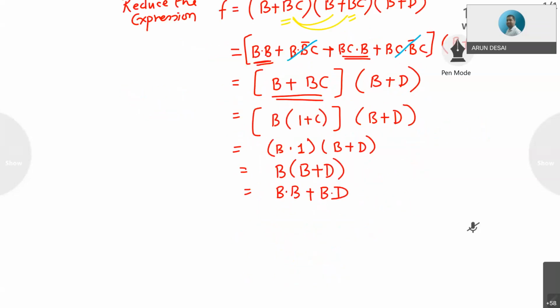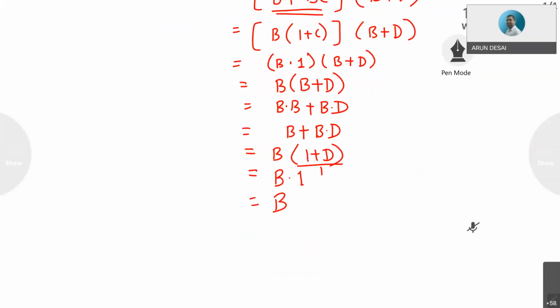If we keep b common for this expression, then it becomes 1 plus d, right? In that case, it is 1. b into 1 means b. So this is how the result comes, right?